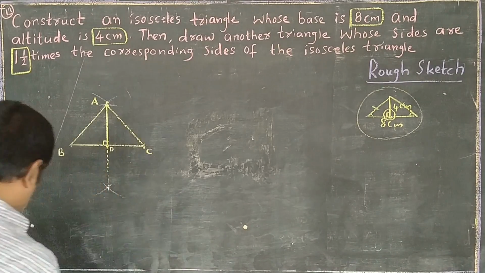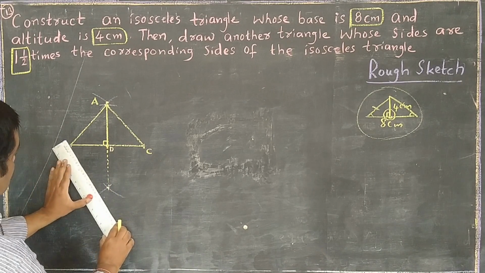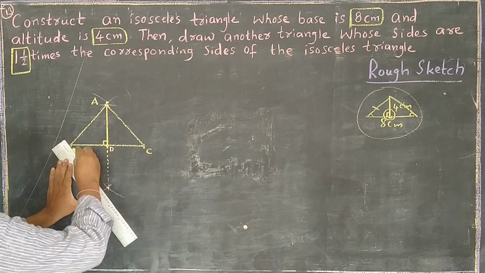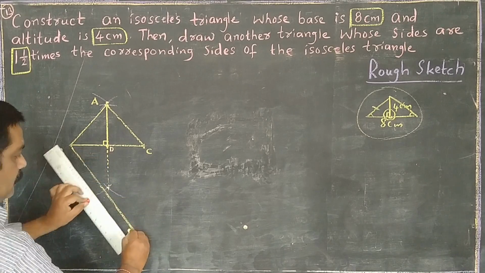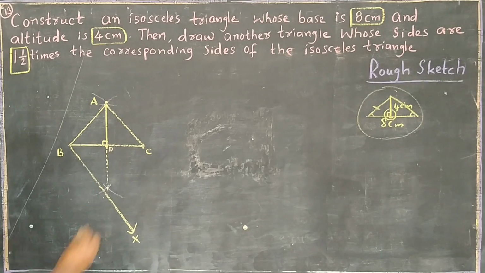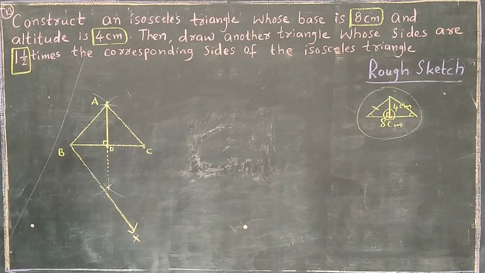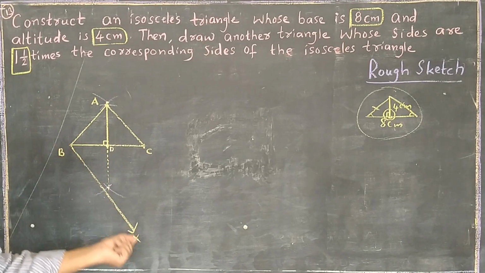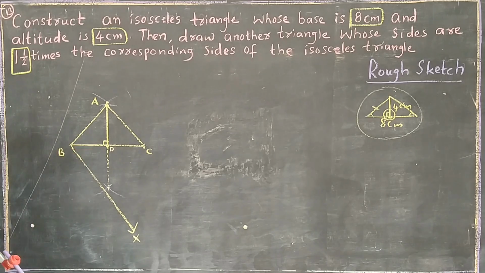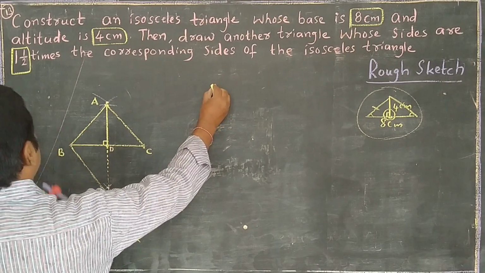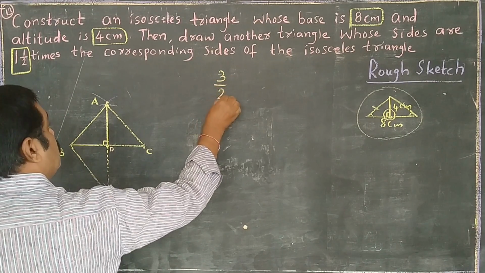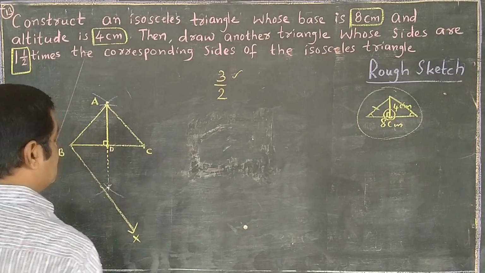Next, as we did in the 11th and 12th questions, do it like that. First, draw an acute angle, that is, draw BX so that CBX is an acute angle. For 3 by 2 times, which is the biggest number? 3 is the biggest number.